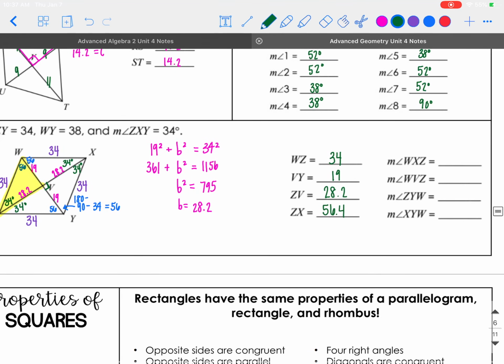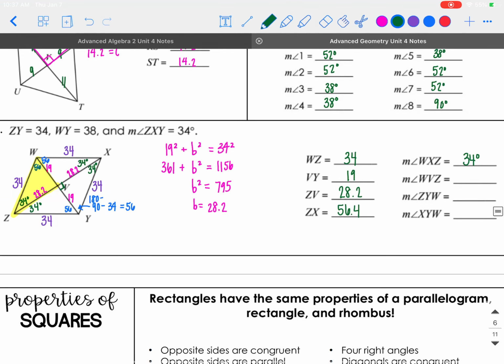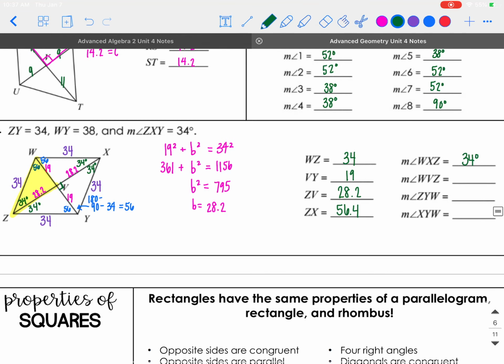WXZ, 34 degrees. We're looking at angles now. Angle WVZ, that's a 90-degree angle. Angle ZYW, that's one of our 56 degrees, our blue ones. And angle XYW, that one's 56 degrees.